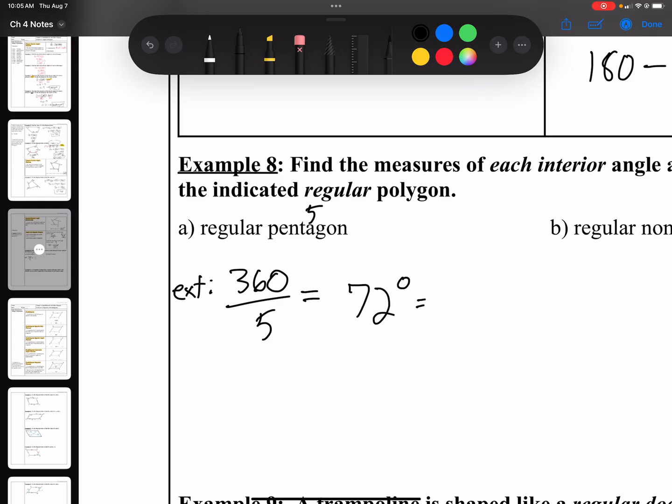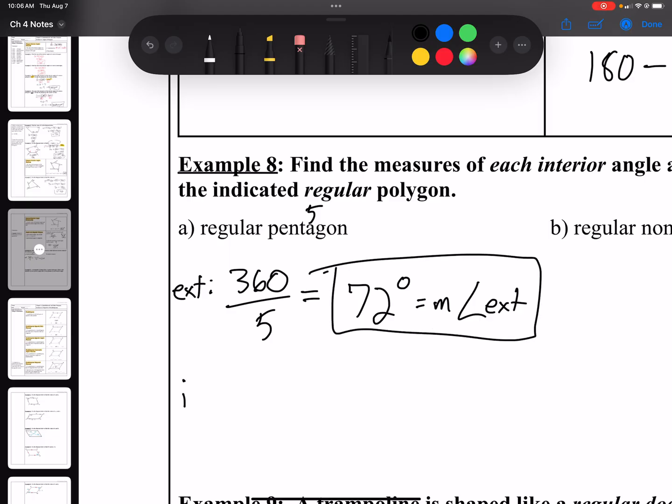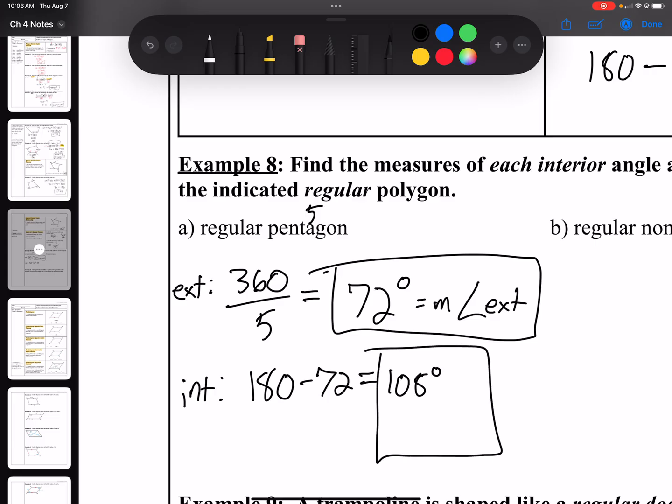So that is the measure of each exterior angle. How do you get the measure of each interior angle? Well, we take that answer, and all you do is subtract it from 180. And you get that the measure of each interior angle is 108 degrees.